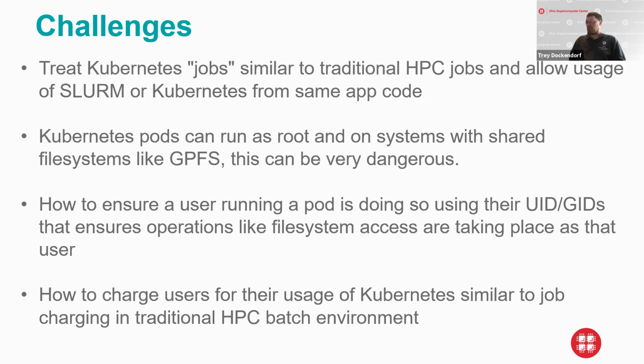So another challenge was ensuring that the pods were running as the UID and GID of the user logged into OnDemand, similar to how OnDemand runs. This is needed for several things, including file system access. One other challenge was how to charge users for their usage on Kubernetes, similar to how we do charging for the HPC batch environment.